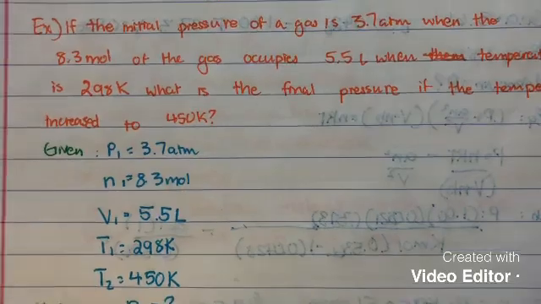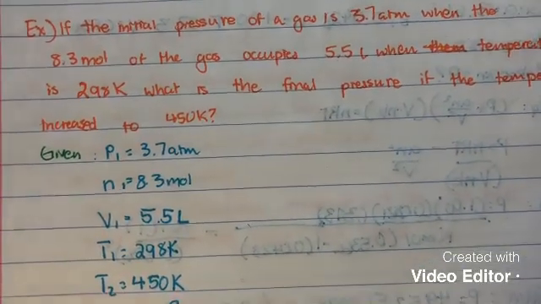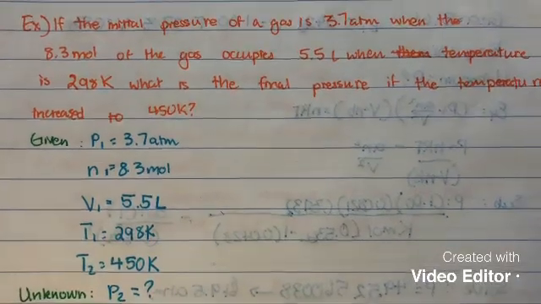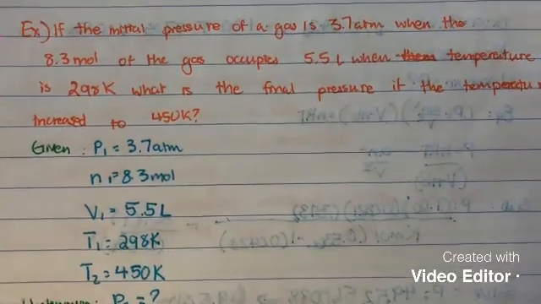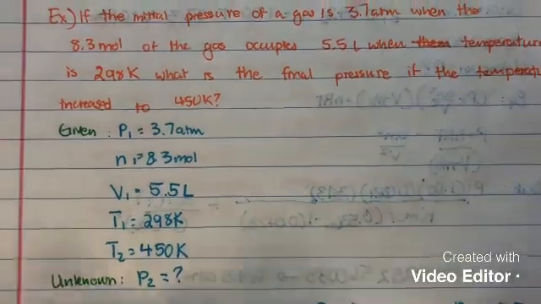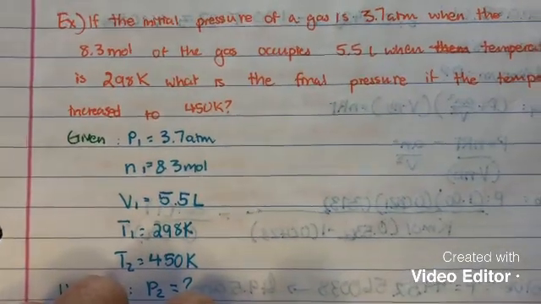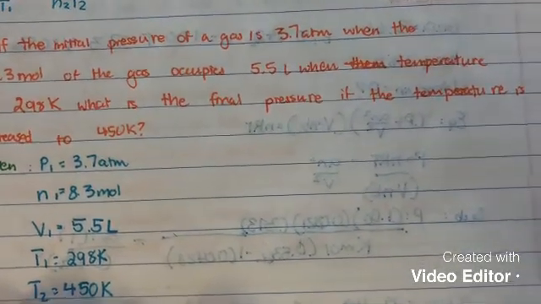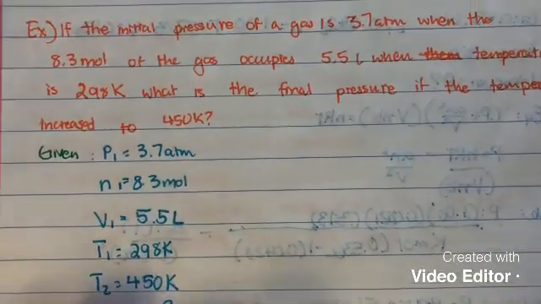For example, if the initial pressure of a gas is 3.7 atm, when 8.3 moles of gas occupies 5.5 liters, when the temperature is at 298 Kelvin, what is the final pressure if the temperature is increased to 450?